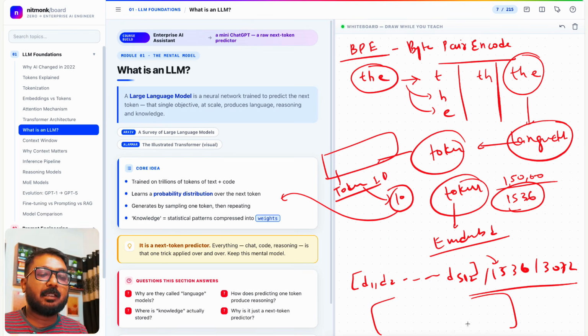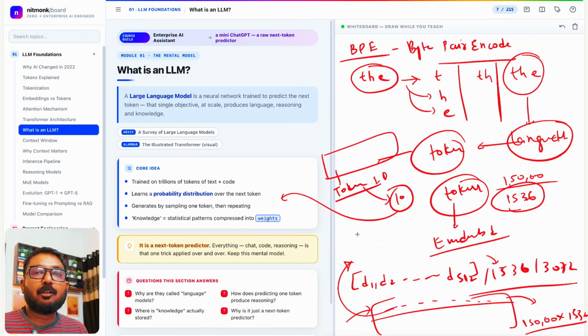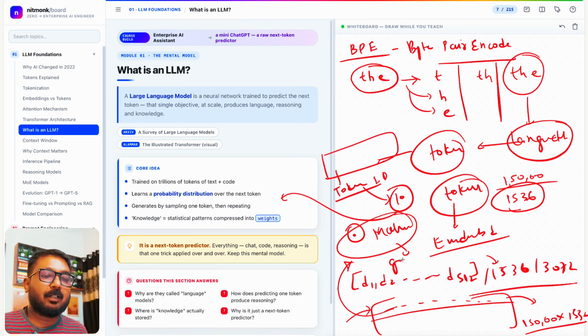Then we generate a bigger matrix, 150k by 1536 dimensions, and this is what we call the embedding matrix. Each embedding goes into the LLM as input, and once it goes in, the LLM does dot products and other matrix calculations and tries to generate an answer for us.